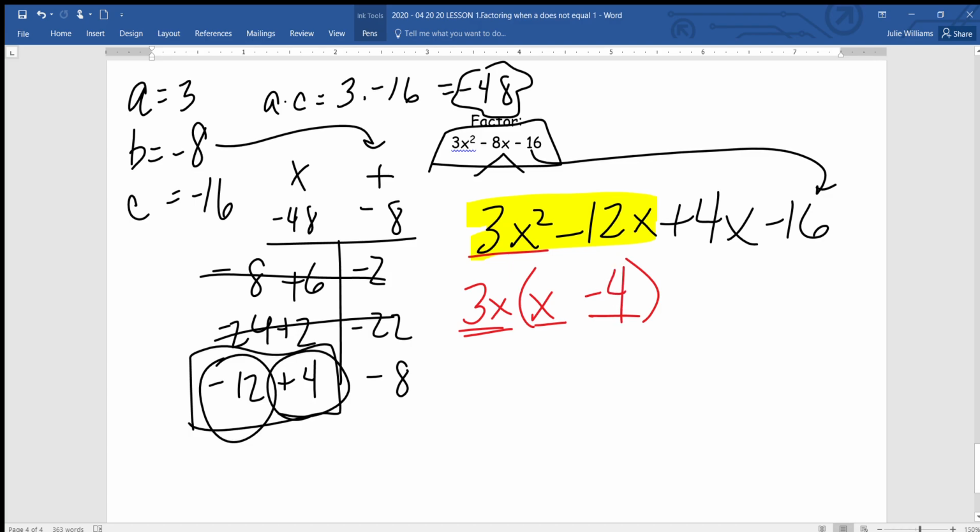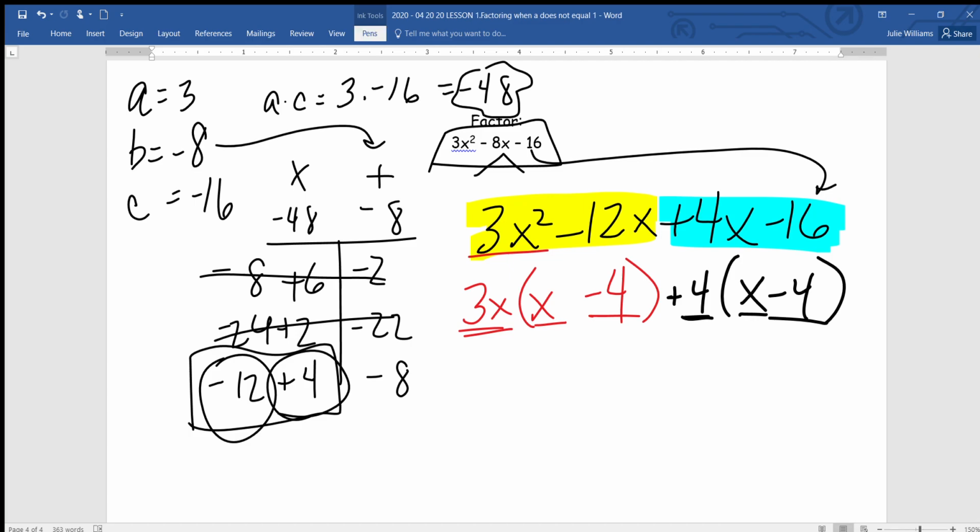Okay, and then if we look at the last two terms, look at what's common there. We'll see a positive 4 is common, so you take out a 4. 4 times something is 4x, that's x. 4 times something is negative 16, so minus 4.